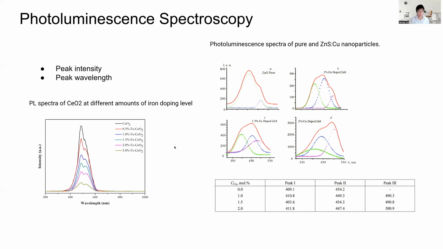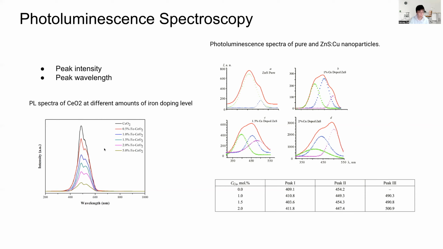So let's get back to the two main methods of photoluminescence. The first is spectroscopy, and the way we look at those graphs is we focus on two things. The first is the peak intensity, and the second is the peak wavelength.